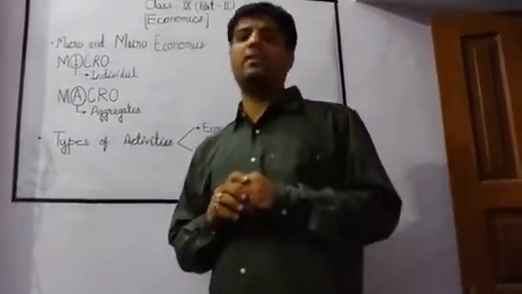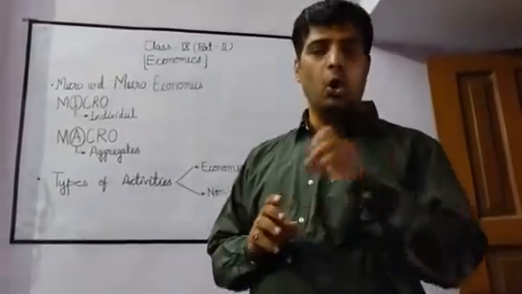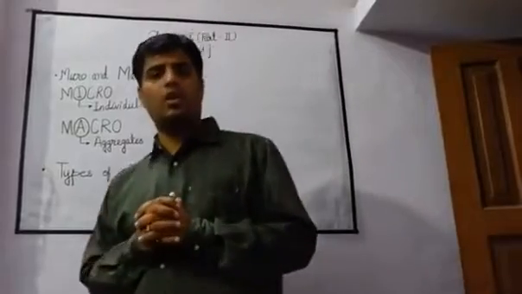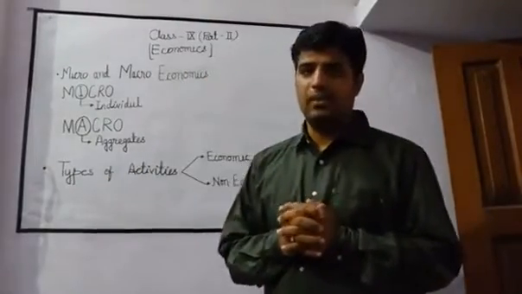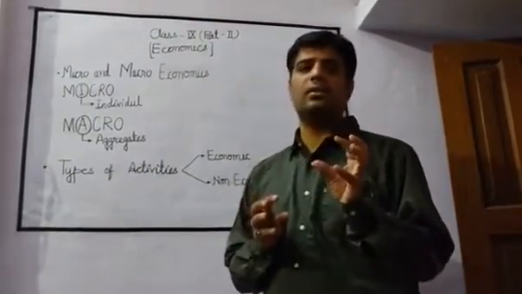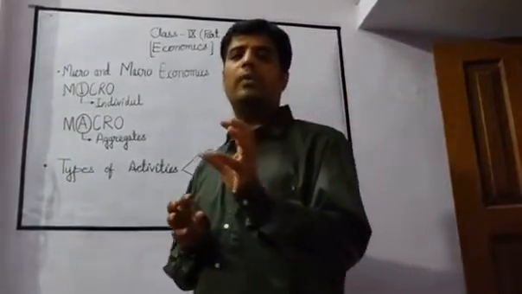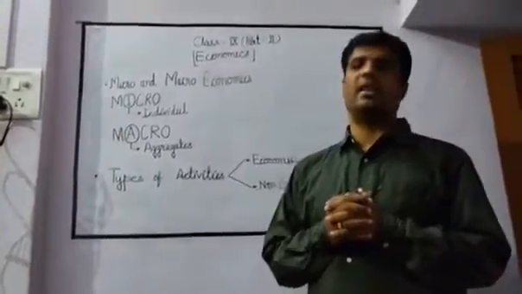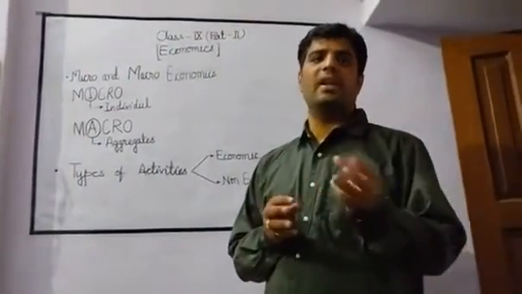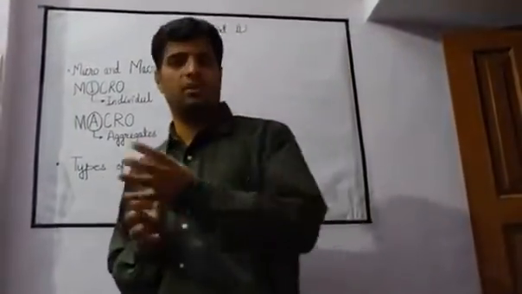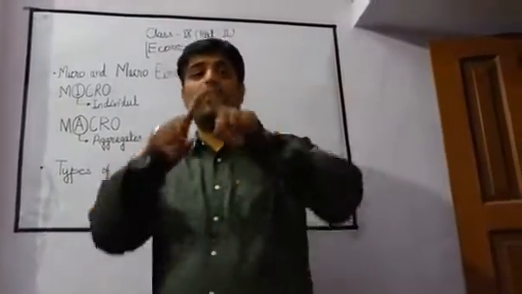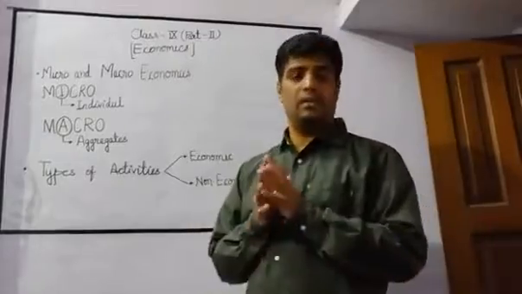Second, on the basis of scope, in microeconomics there is limited scope, because here we study about the price of a particular good. But in macroeconomics, we study about the general price level.